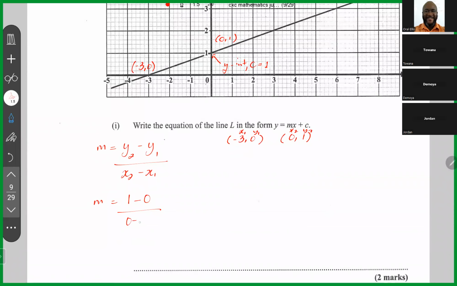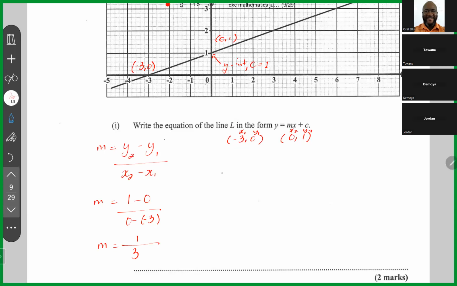At the top I have 1, down at the bottom I have 0 minus -3, and minus a minus is a plus, so it's 0 plus 3, which is 3. So the gradient is 1/3.